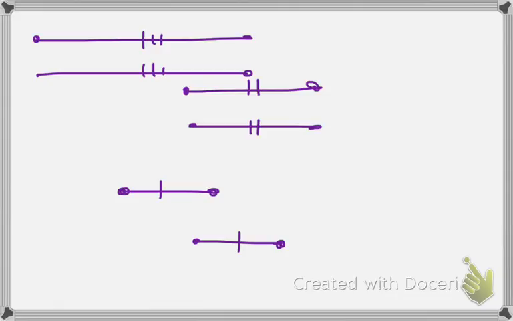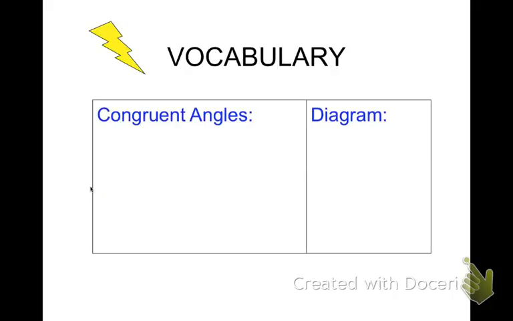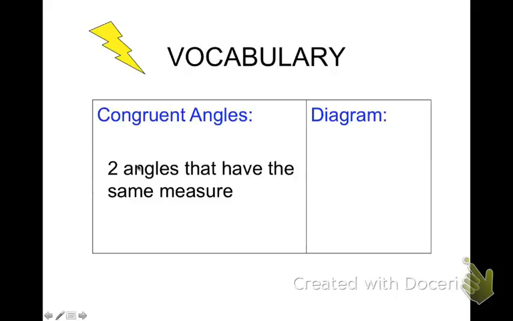Keep on going. Well, the same thing happens mostly for angles. Instead of tick marks, we're going to use a different notation. So, congruent angles are 2 angles that have the same measure. So 2 angles that have the same measure are our congruent angles.